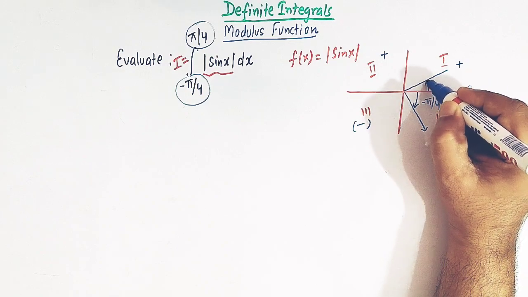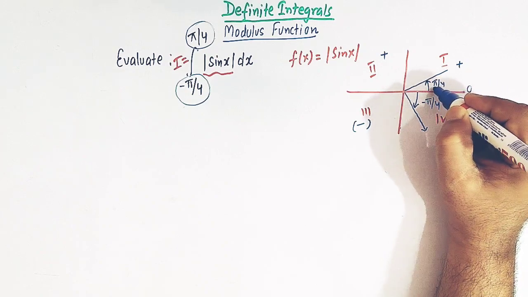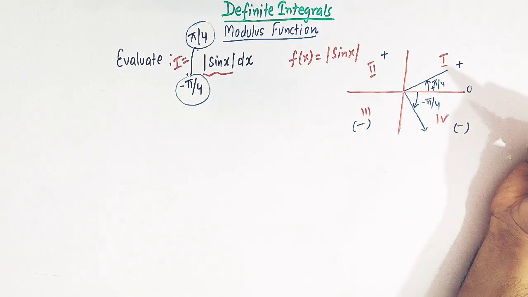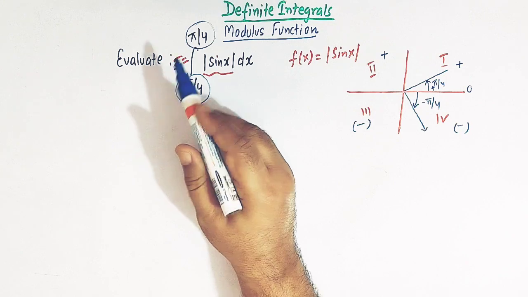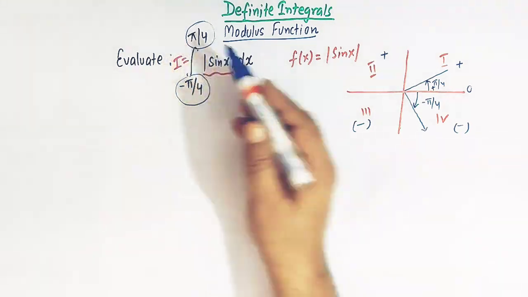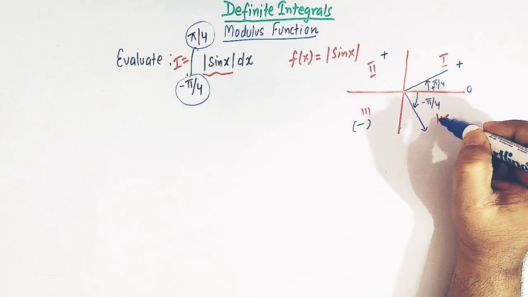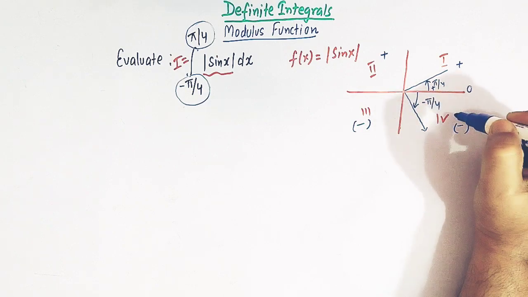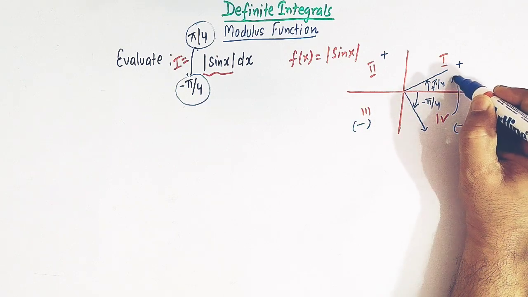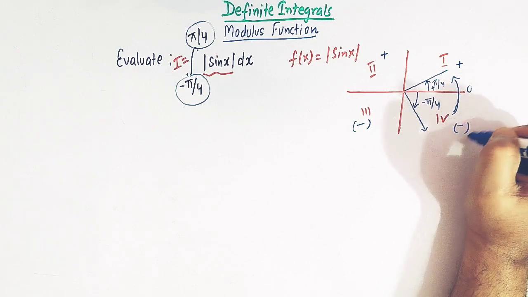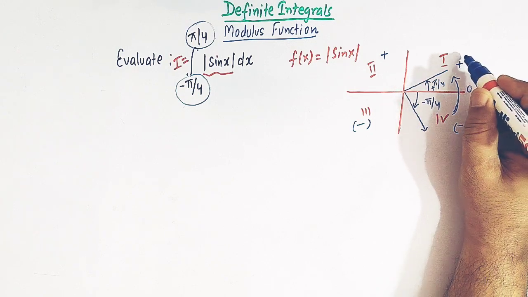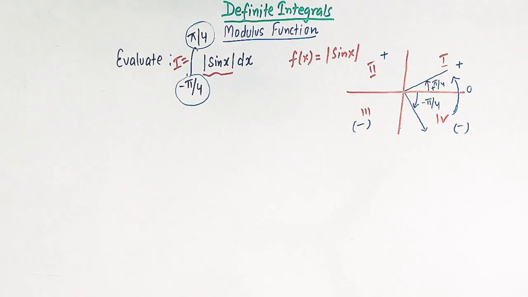So we have to travel from the fourth quadrant to the first quadrant, and in the fourth quadrant the sine function is negative, and in the first quadrant the sine function is positive.